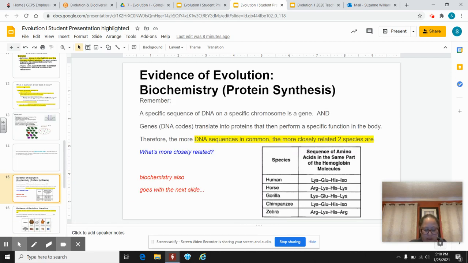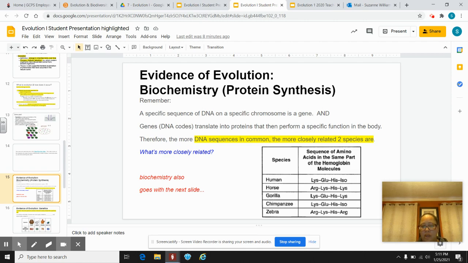All right, so we are going to get into our pieces of evidence. Again, we are looking for observations, data, and evidence that help us prove that evolution, change over time, is occurring. The first type of evidence that we are going to look at is called biochemistry. We've already talked about protein synthesis last semester, so we know how you get these chains of amino acids that make up a protein.